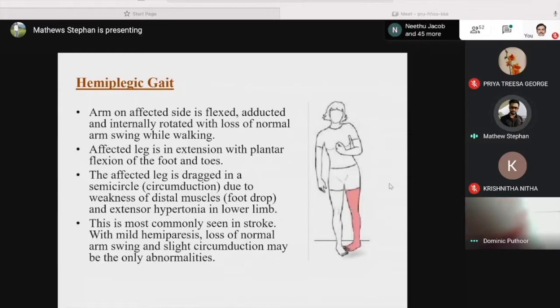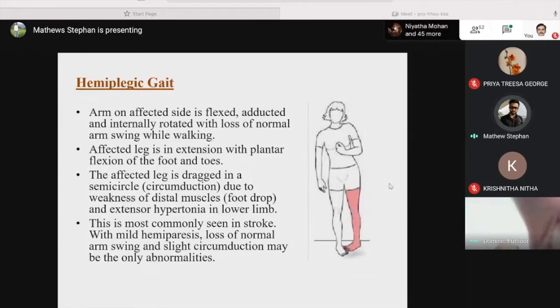The circumduction is a part of hemiplegic gait due to weakness of distal muscles, foot drop, and the extensor hypertonia in the lower limb. This is most commonly seen in stroke with mild hemiparesis, where loss of normal arm swing and slight circumduction may be the only abnormalities.